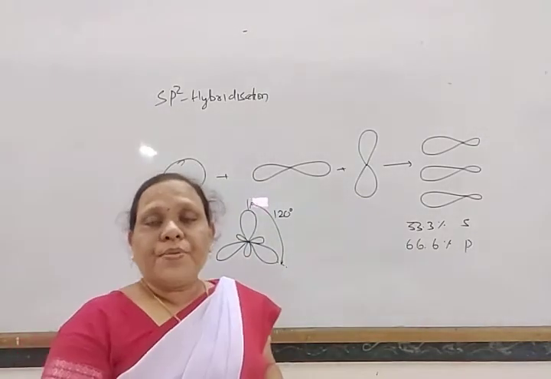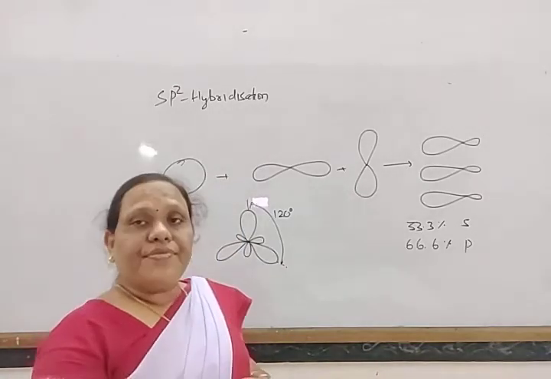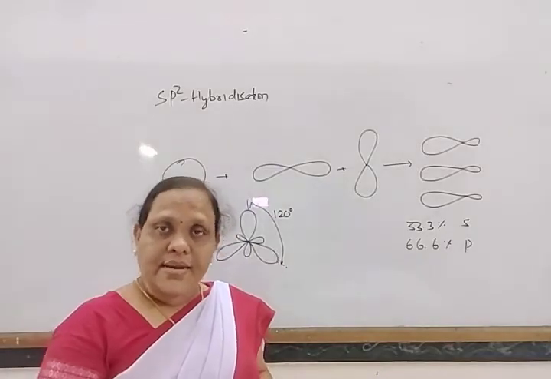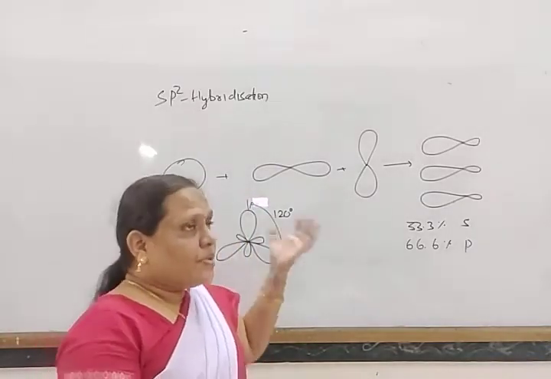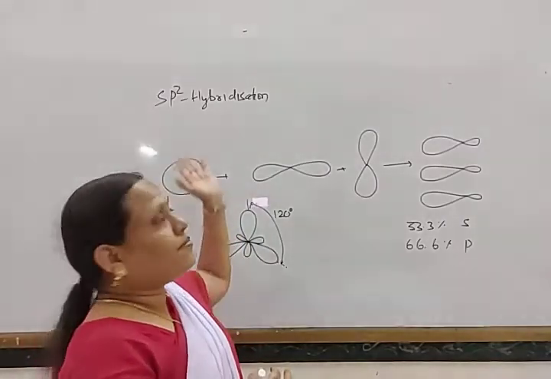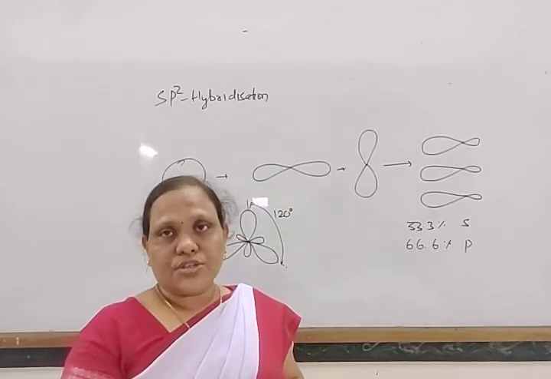A boron atom when it forms BCl3 or BF3, and a carbon atom when it forms ethene and the carbonate ion, generally undergo this type of hybridization. That is why it has a planar structure.